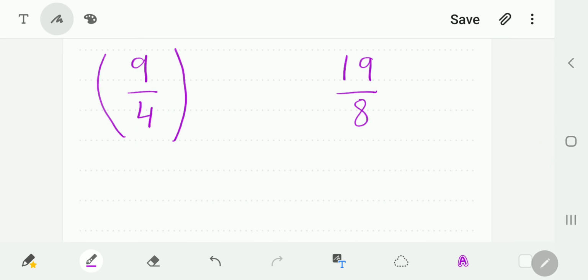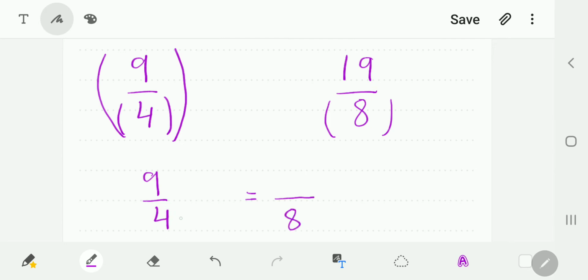Basically, it's called coming up with the common denominator, meaning making the lower number the same for both fractions, and then it's going to be easy for you to figure out which one is bigger. So let's change 9/4 to a fraction that has 8 in the bottom.